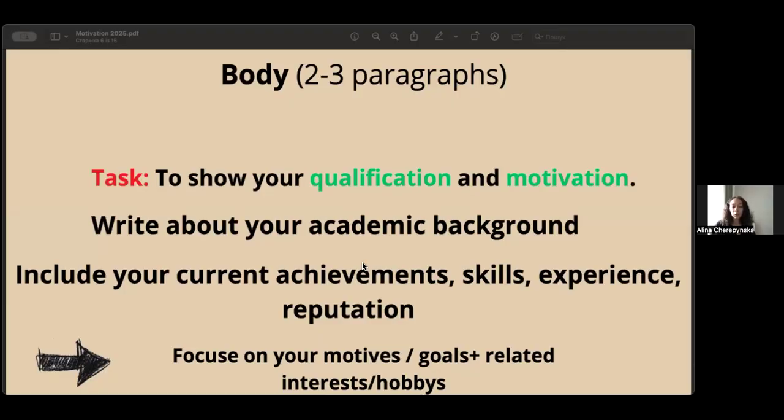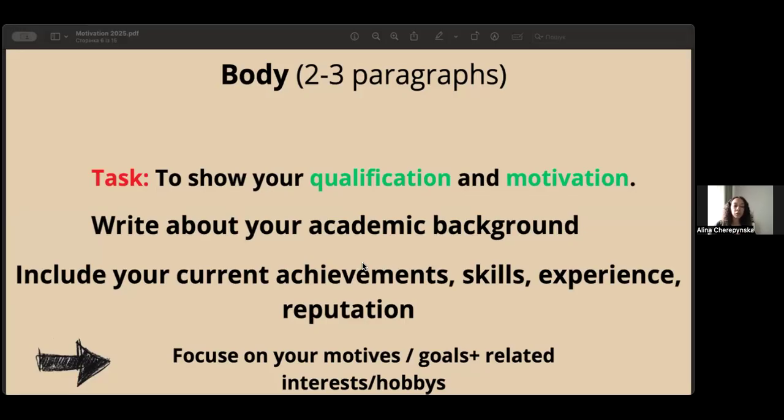For example, if you're going to speak about your communication skills, you may also include that you love working with people, that you love working in a team, you love working on different projects together with other people. If your hobbies and interests are not related to the topic, it's better to avoid them.